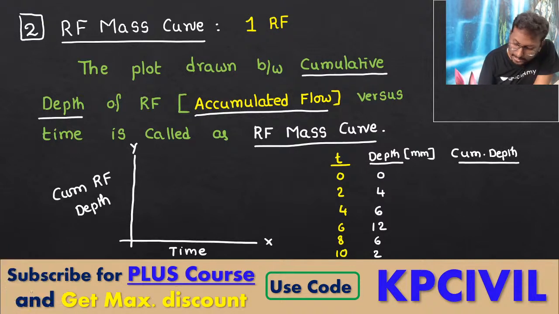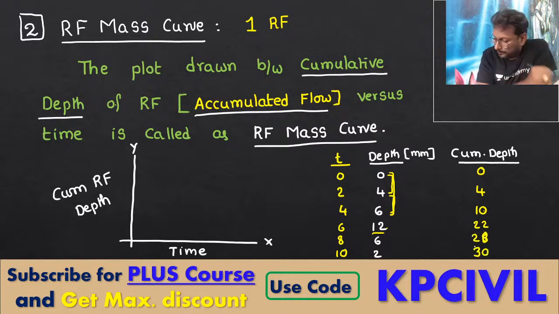How can we write down the cumulative depth? 0, then 0 plus 4 is 4, 4 plus 6 is 10, then 10 plus 12 is 22, 22 plus 6 is 28, 28 plus 2 is 30.